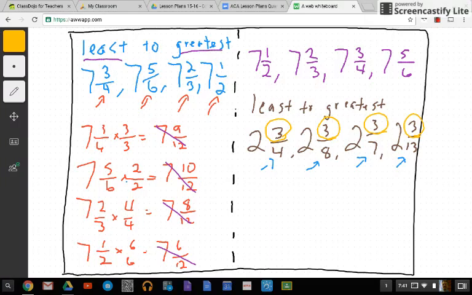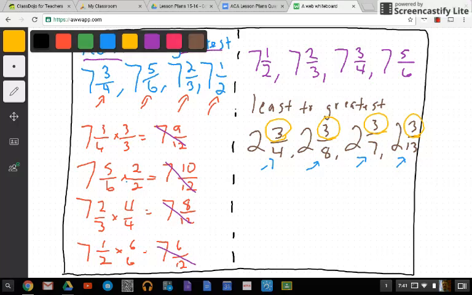In other words, 3 pieces out of 4 pieces is going to be a whole lot larger than 3 pieces out of 13 pieces. So if you cut a pizza into 13 slices and you only got 3 of them, that's not much pizza. If you cut a pizza into 4 slices and you got 3 of them, well, now we're talking. You got a lot.